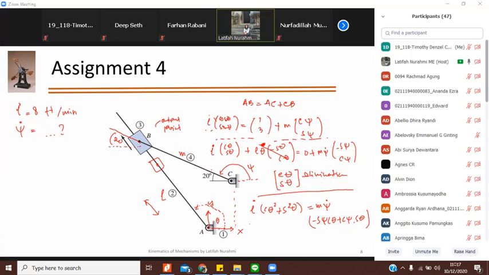Okay, you know the value, this becomes 1, so it becomes L dot equal to M psi dot.